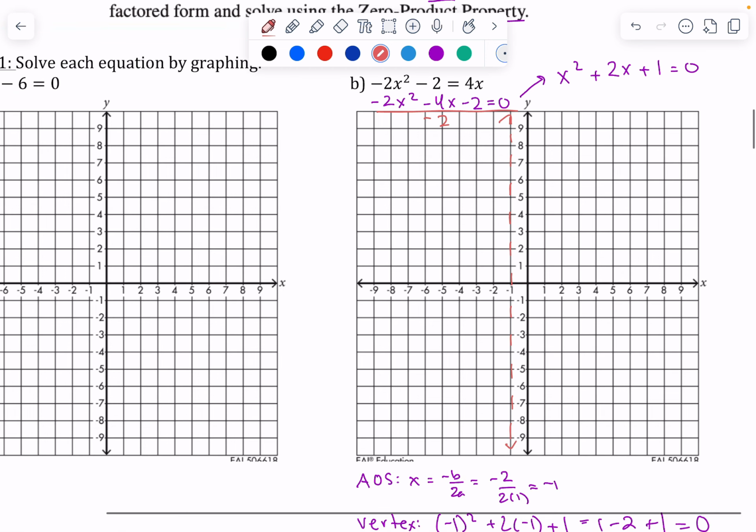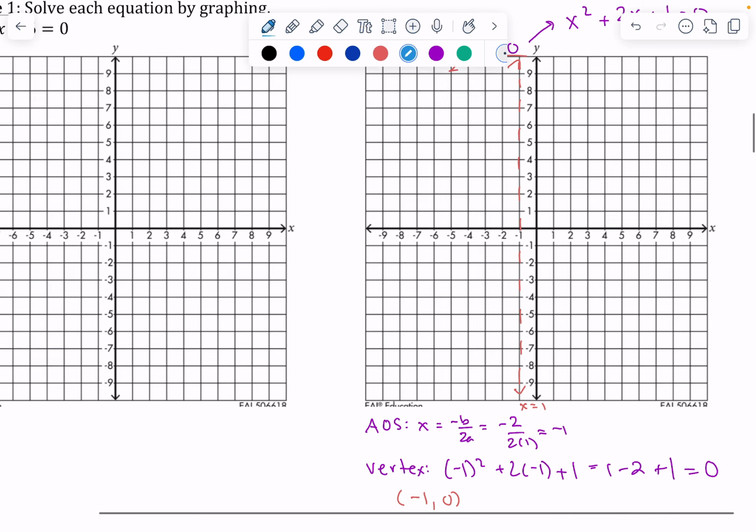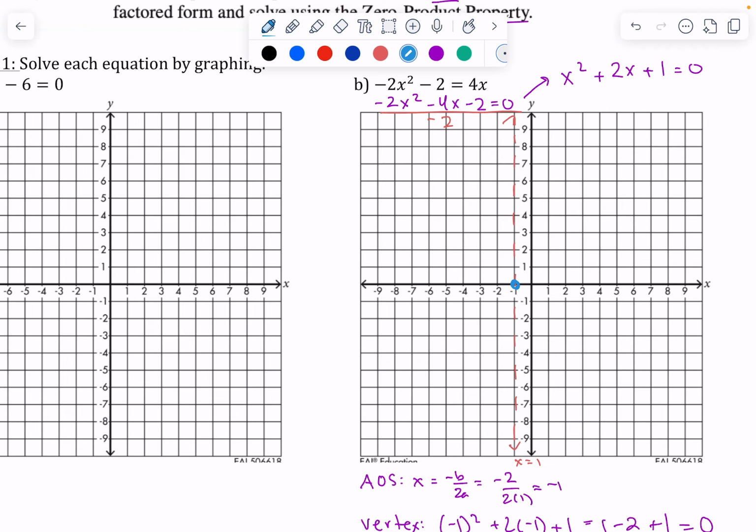Okay, so that is the axis of symmetry. The vertex is negative 1, comma 0, so it's actually the vertex and the x-intercept, okay? And then I have a y-intercept of 0, comma 1. I have the point that mirrors it.